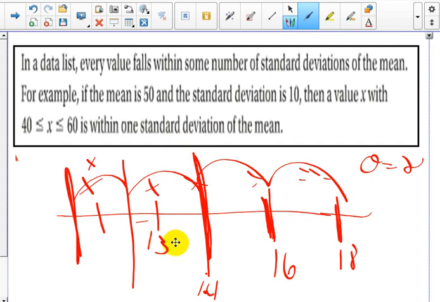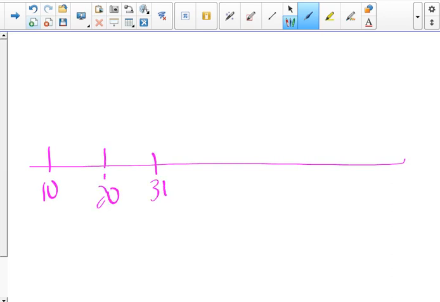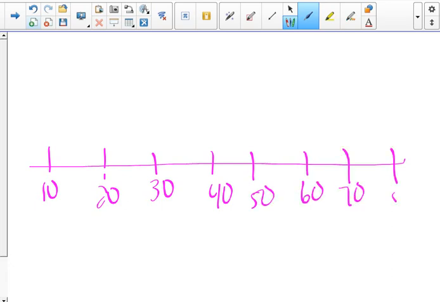If you'll get your whiteboards and flip them over, you can use either side. I want you to make a number line. Okay, let's number this 10, 20, 30, 40, 50, 60, 70, 80.